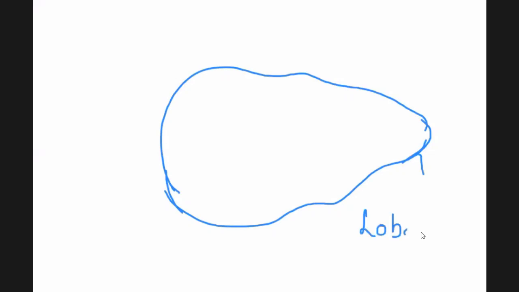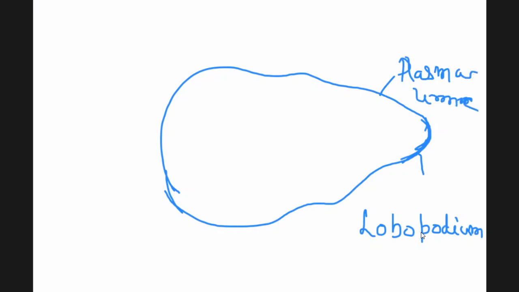This is called pseudopodium, which is lobe-like. A single pseudopodium is there at the moving end, finger-like with a blunt end. This is the plasma lemma. Then this is the cytoplasm.